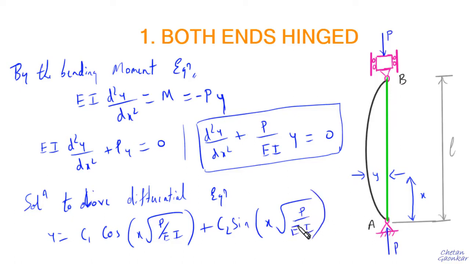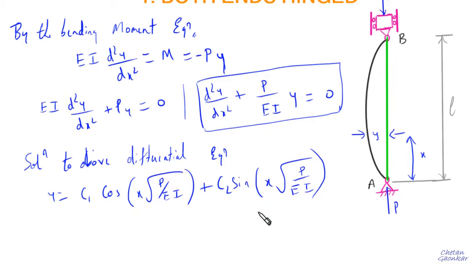This is a very general solution, and if I want the particular solution for this case, we will have to evaluate these two constants C1 and C2, which are constants of integration.